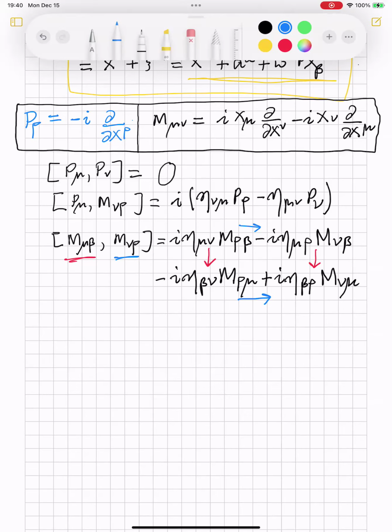So one immediate check that you can see of this is that indeed left and right-hand side are antisymmetric under swapping mu and beta and nu and rho. So that's the first check that you would think looks promising. But you check it by hand. You make sure that it is in fact correct.